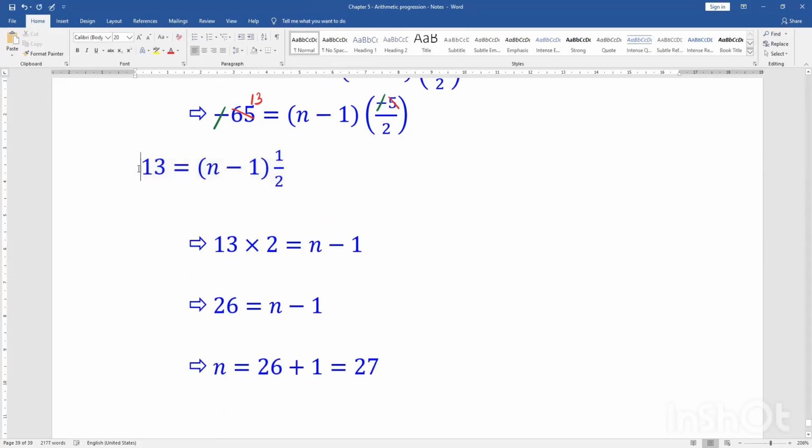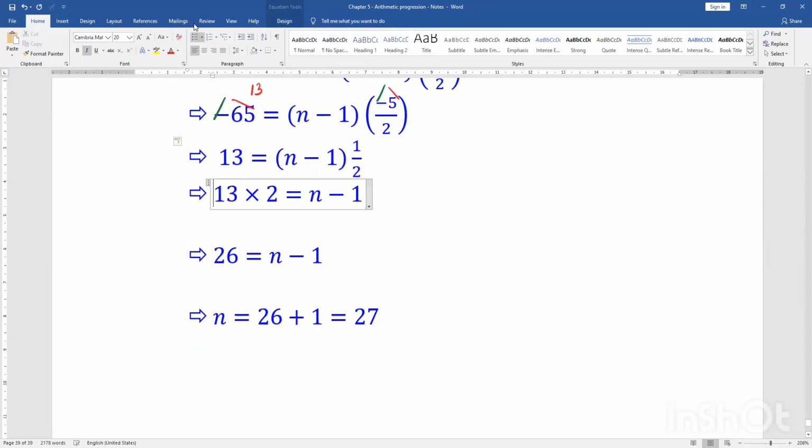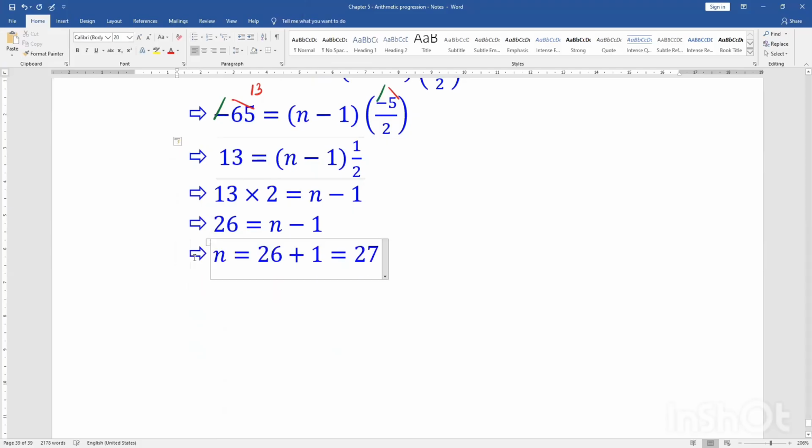So this is our final answer, right? So n equals 27. So that means the 27th term is, so what is our answer now?